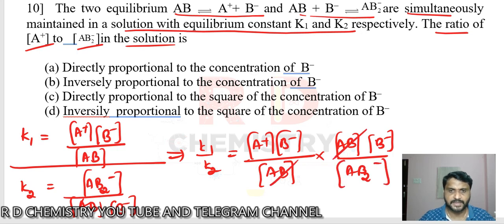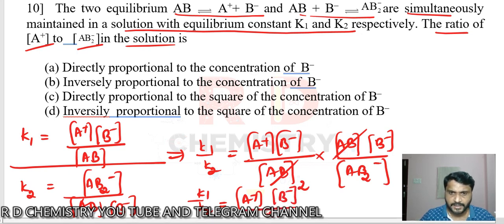So AB cancels. On further simplification, K1 by K2 will be equal to A+ concentration and B- squared, divided by AB2- concentration.